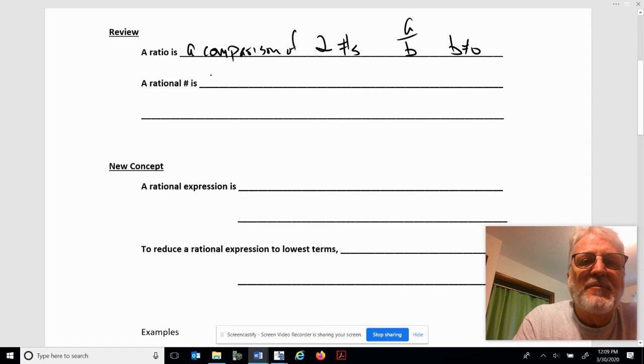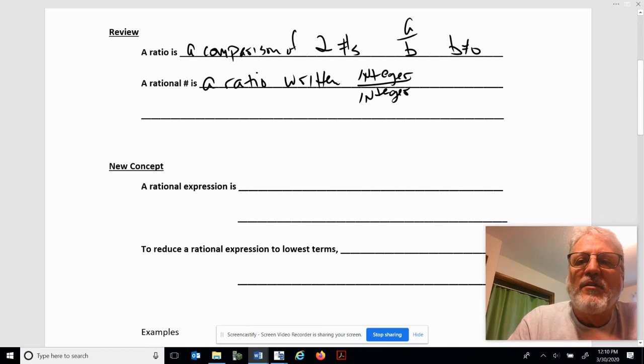A rational number is a ratio written where it's an integer to an integer. And all that means is those top and bottom, they can't be decimals. So bottom also still can't be equal to zero.